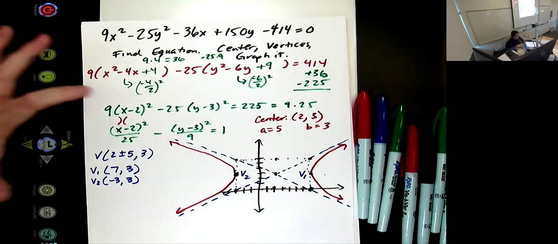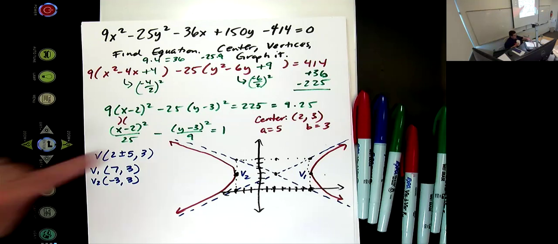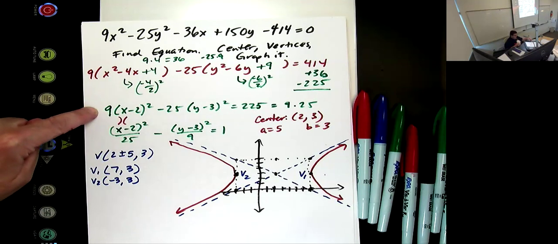Well, yeah, but a parabola only has one squared thing. This has an x squared and a y squared. For a hyperbola they're not both positive, one has to be a negative. So if this is a positive, that one has to be a negative for a hyperbola. If they're both positive, it's an ellipse. Okay.